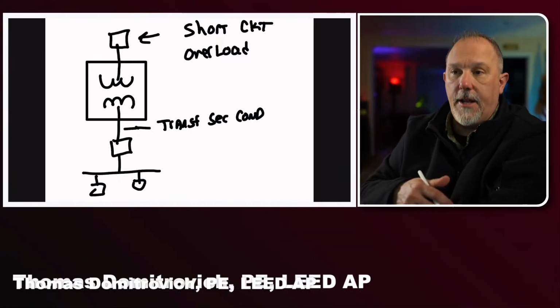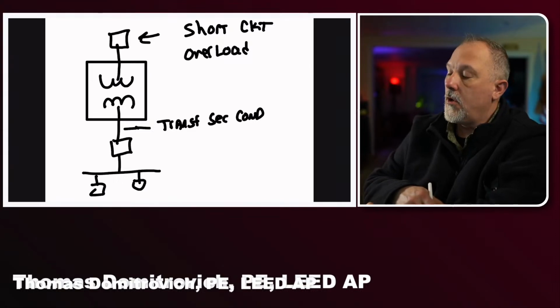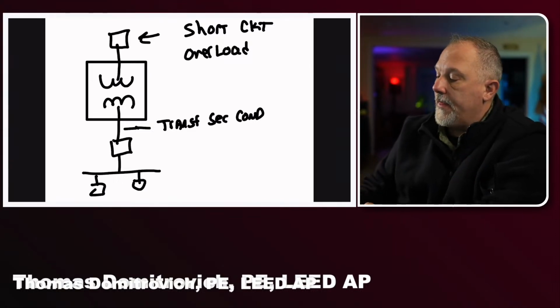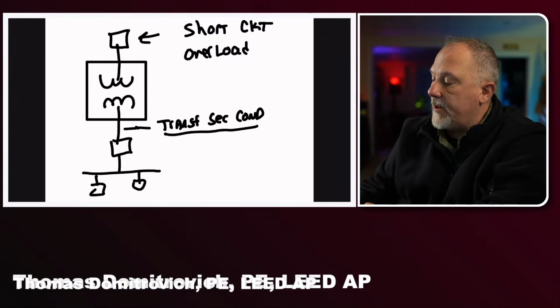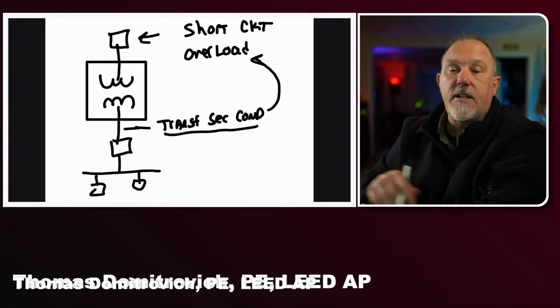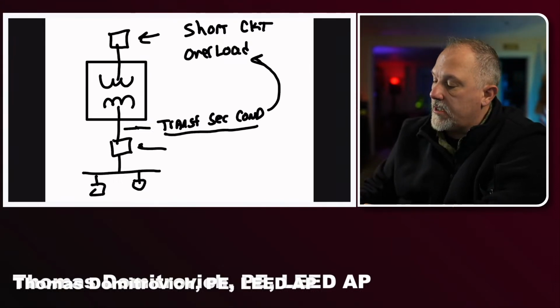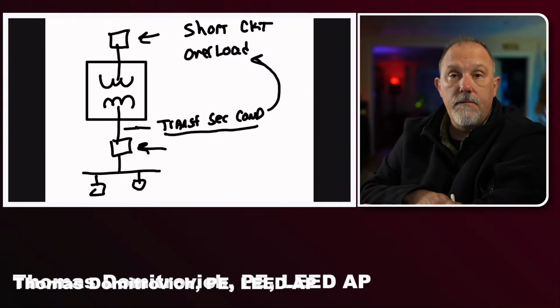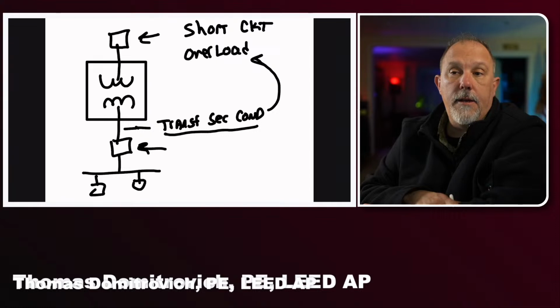I don't think anybody would argue that this transformer secondary conductor is protected from overload because of that device. Right? In an overload, all of the current stays in the path.